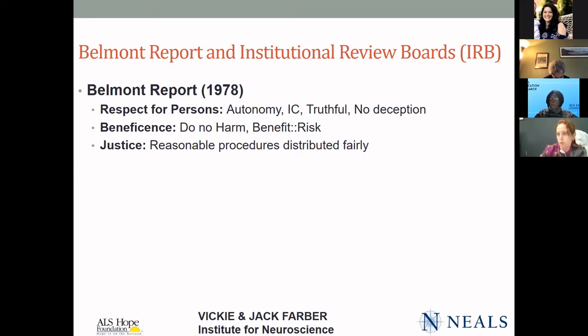Then beneficence, that's a principle in medicine from the time of Hippocrates, that you should do no harm in the first place, and the benefits should outweigh the risks. And justice: reasonable procedures distributed fairly among the members of society.